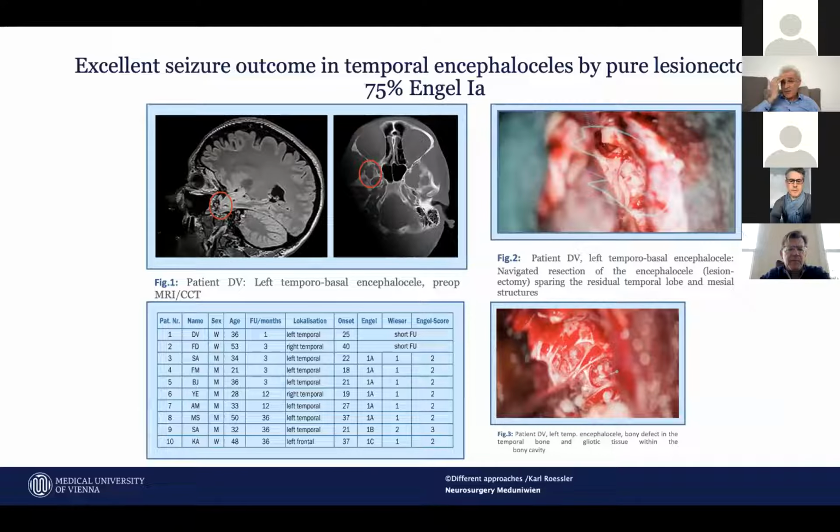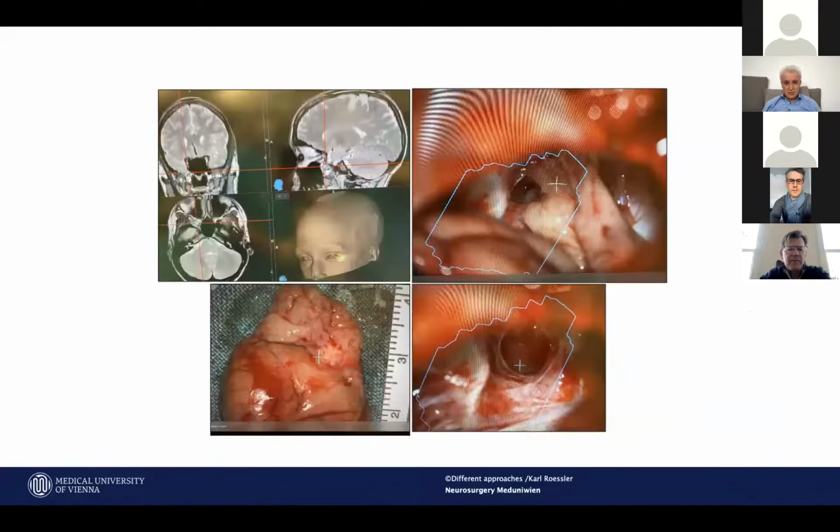Another pathology which I want to remember is the temporal encephalocele. We had a series of 10 patients in Erlangen, and 7 of them got seizure-free only by resecting the encephalocele without any further part of the temporal lobe.